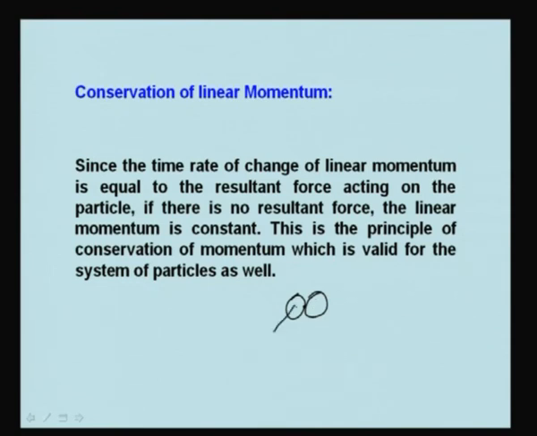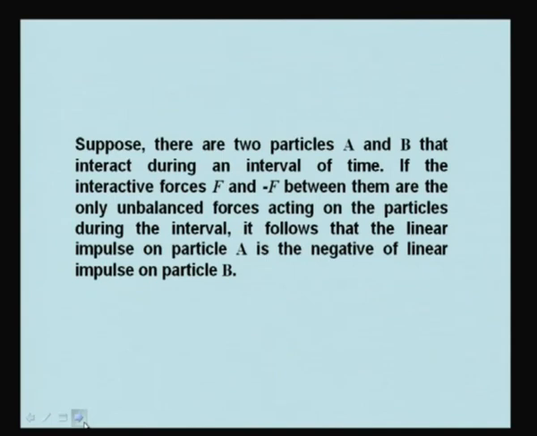However, if this particle's mass is m1, this particle's mass is m2, this velocity is v1 and this is v2, then m1 v1 plus m2 v2 will remain constant because no force has been applied from outside. This is called conservation of linear momentum.